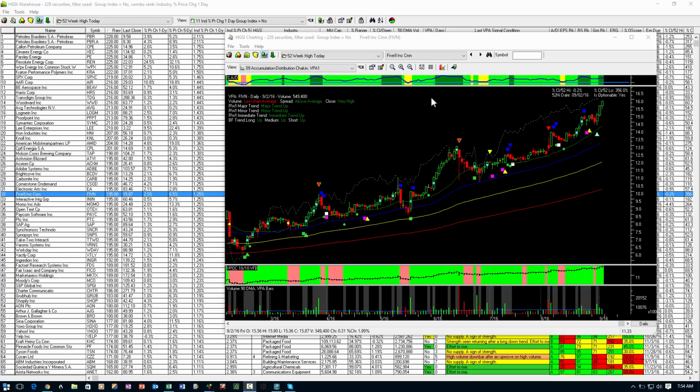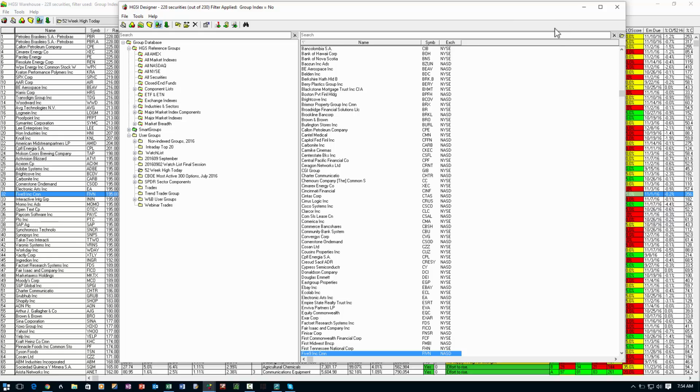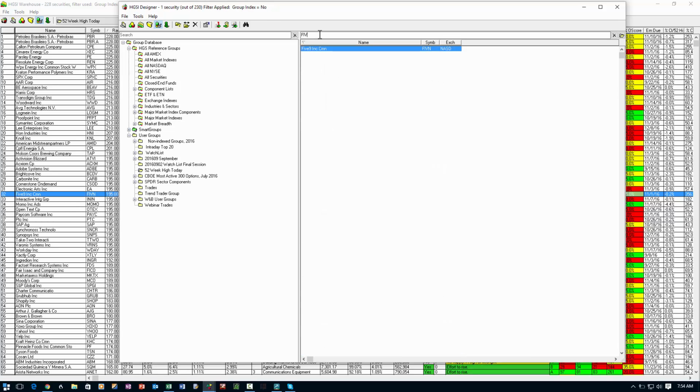Now, let's go into the designer. And this is a feature that Matt put in a few months ago. So I'm going to type in, put my caps lock on, FIVN, and then I'm going over here to the right, this folder.